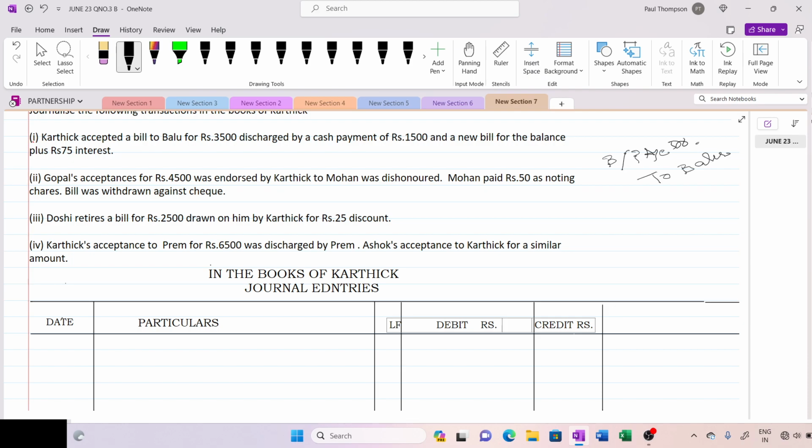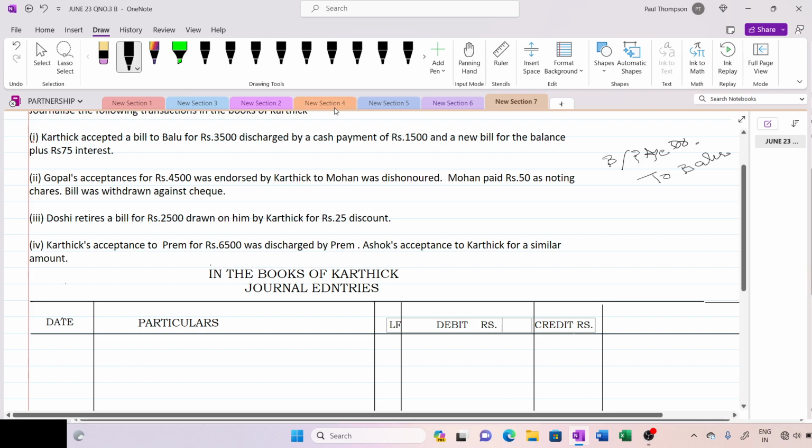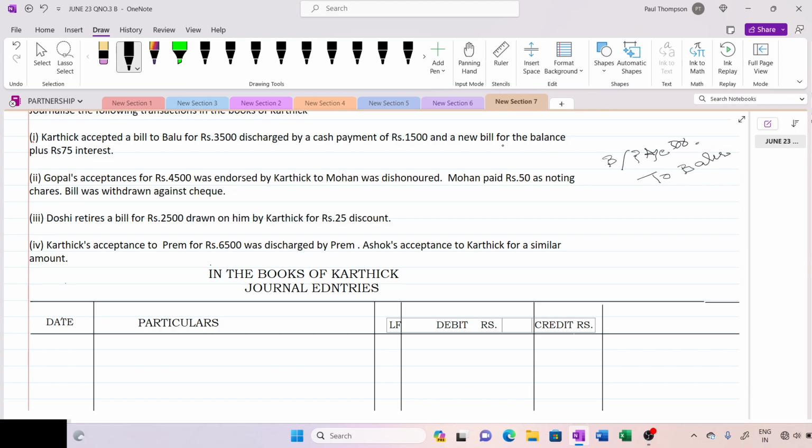Earlier, when we accepted, Balu account was debited and BP account credited. So now we have reversed that because he was not able to make the payment in full on that due date. Now what he did, he made some amount in cash and for the balance he accepted a new bill. So you can make like this here.